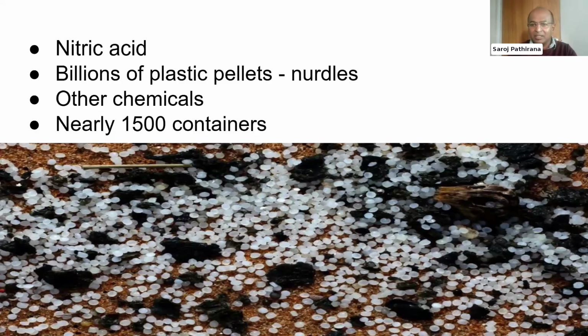As soon as the ship arrived, it caught fire and sank within a couple of days. In addition to chemicals, the cargo ship carried about 1,500 containers, with other toxic materials. Besides the nitric acid, the worst part of the disaster was these plastic noodles.